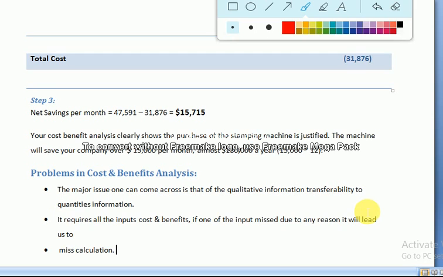The major issue that comes in the problems is the transfer of qualitative information to quantitative information. Sometimes we want to convert qualitative information to quantitative information. Let's suppose we want to measure the satisfaction of the customer. How can we give a monetary value, or how can we give a value to the satisfaction level of the customers?